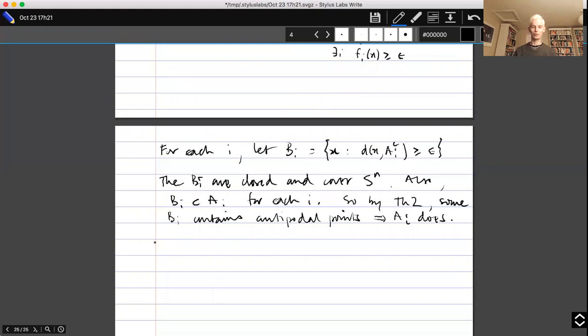And now we've just got one more thing to do, which is to prove that the open sets version implies the closed sets version. But actually we're going to do something slightly more than that. We're going to prove a mixed version.